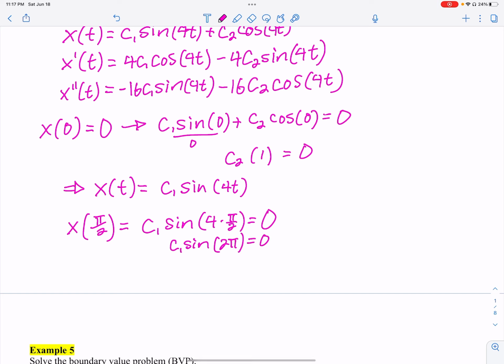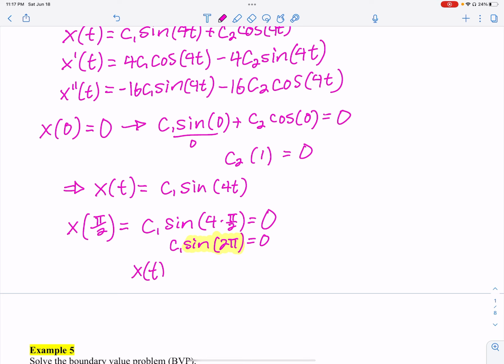Now, sine of 2 pi is equal to 0. So regardless of what c1 is, that's always going to work out. If I plug pi over 2 in, we'll always get sine of 2 pi, which is 0. So it doesn't matter what c1 is.